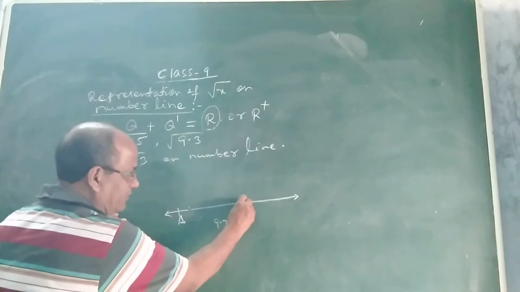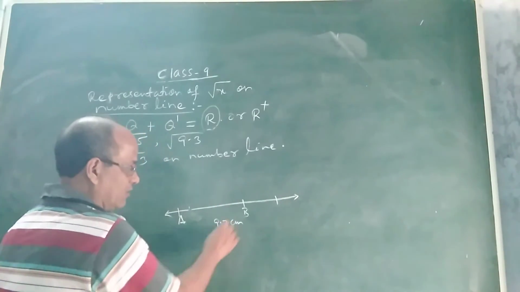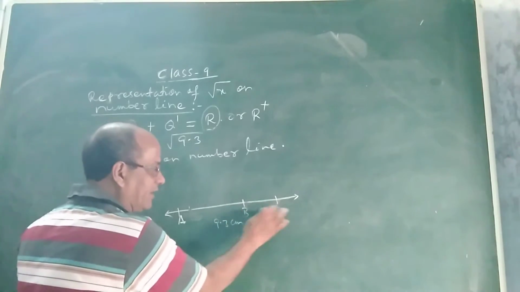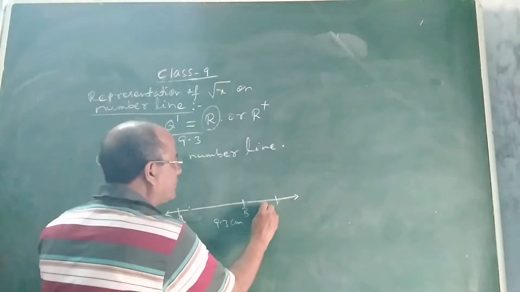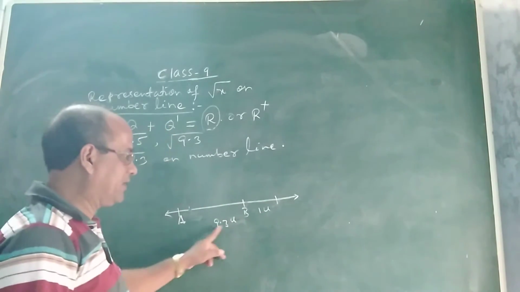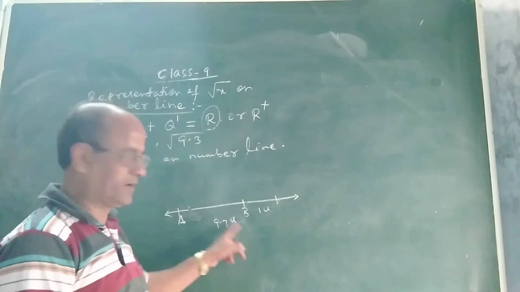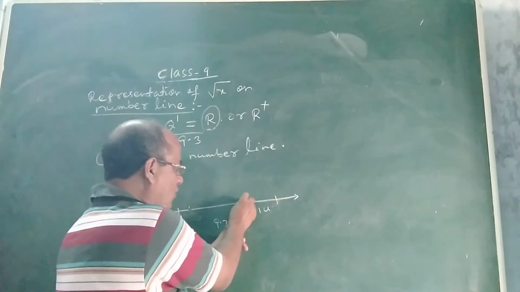The next step is from B, cut an arc to C, equal to 1 unit. 1 unit means 1 centimeter here. So this is 1 unit. You write unit, no problem. 9.3 units means 9.3 centimeters equal to AB. So after getting the point B, cut an arc.